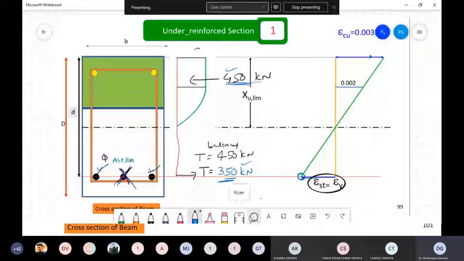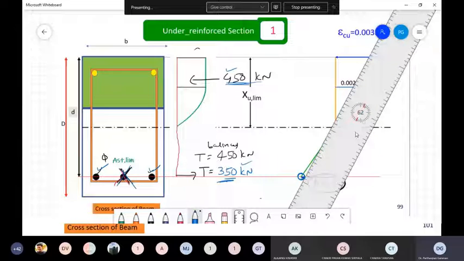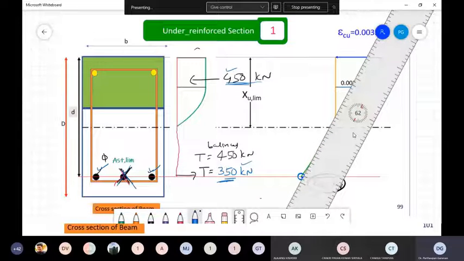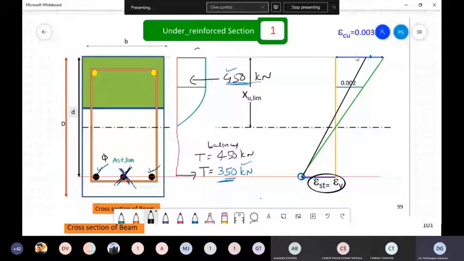Now, if I join these two, let me join here. We will take this block. So now if you see, my strain is only this much. This is my strain in the concrete.